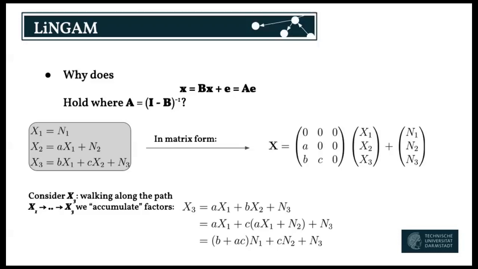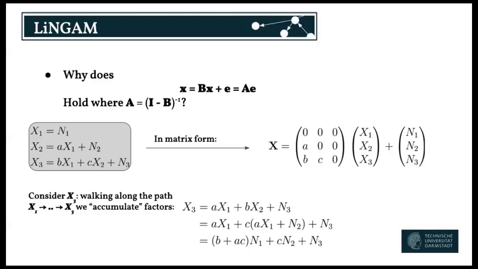So go ahead and write down the definition of X3, and you can keep going and replace the definition in this case of X2 with the definition of X2, and you can recursively do that until you end up with that one, which, as you can see, only contains noise terms.